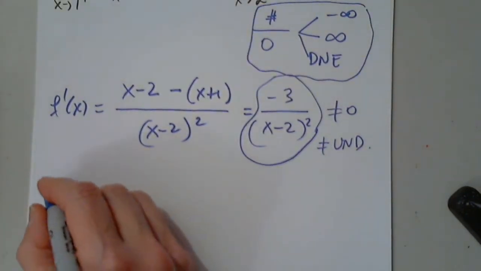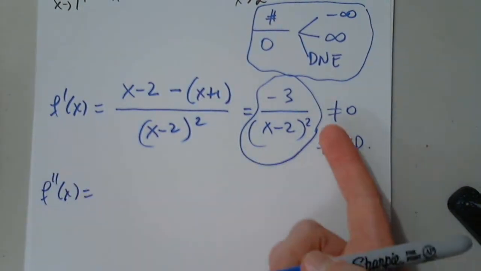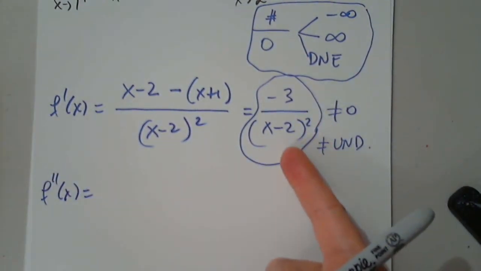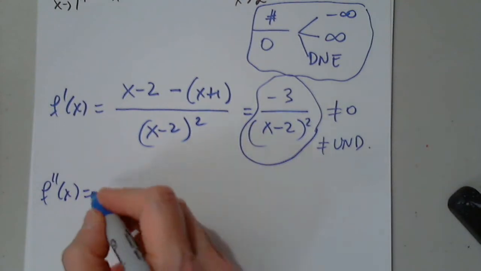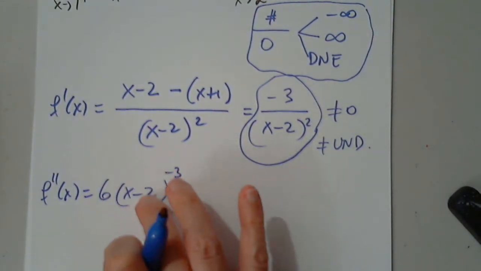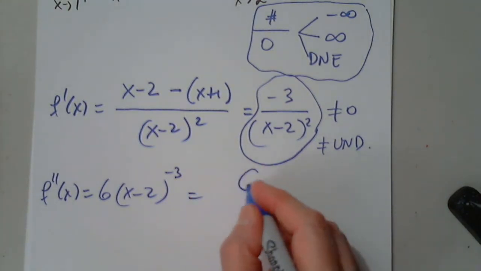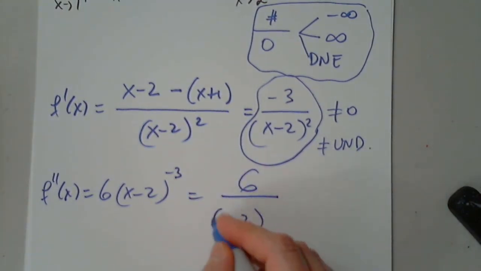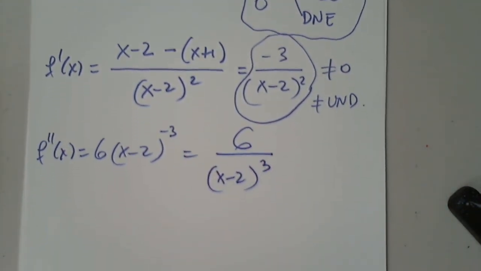So the second derivative. I'll change this into x minus 2 to negative 2. So I have 6, x minus 2 to negative 3, times the inner function prime, which is 1. So this is 6 over x minus 2 to the third power.